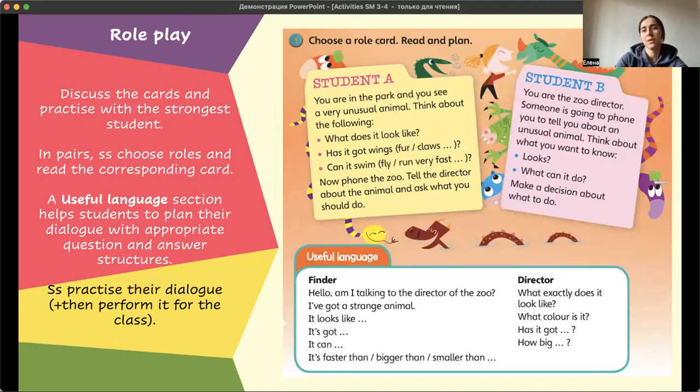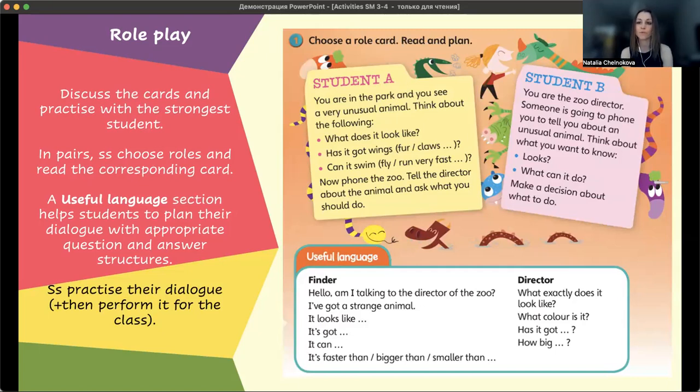Yes, I agree with you, because they need to speak more. So this year I don't have SEM4, I'm going to have it next year, but almost the same activity was with the SEM3 when they were speaking about their town, a visitor and a native.